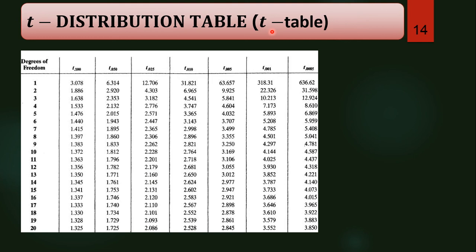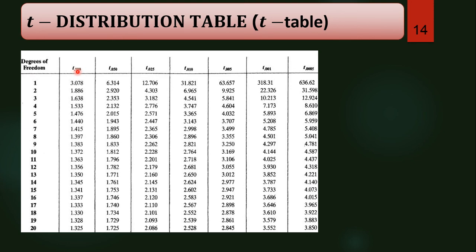In the T table, we know that you have here degree of freedom, and also we have the T value. The subscript for T here is your alpha.